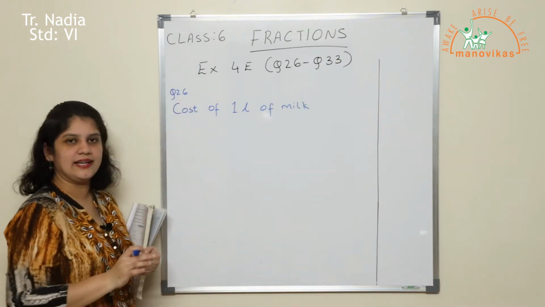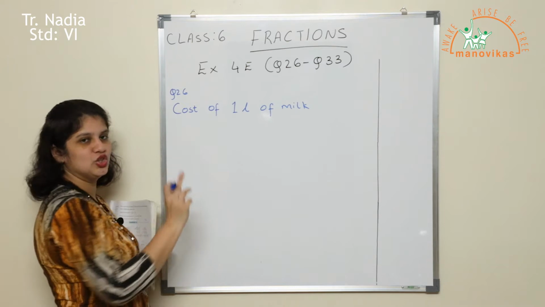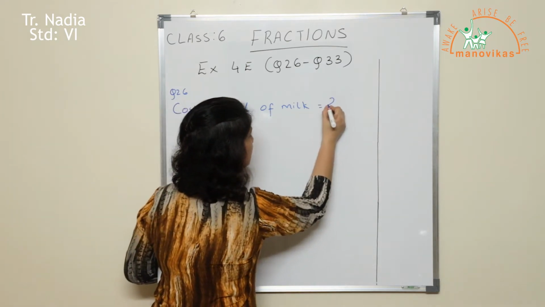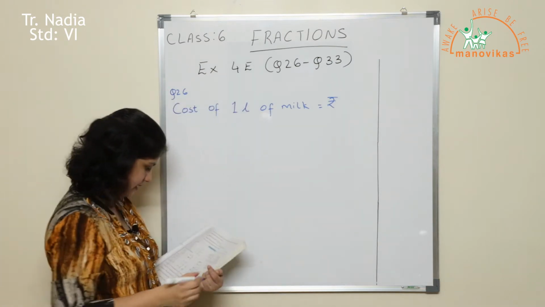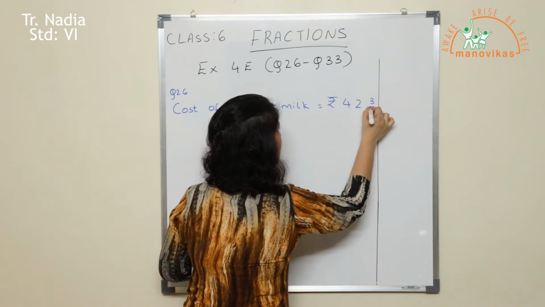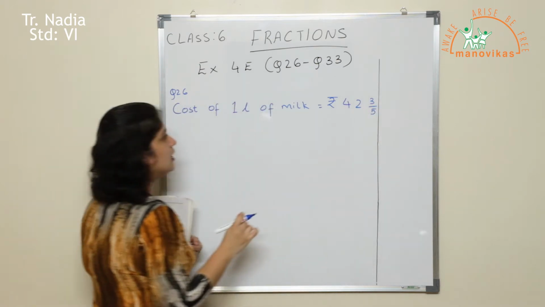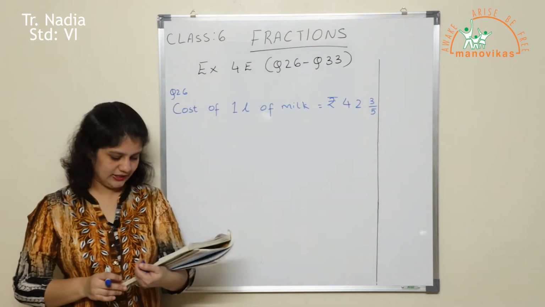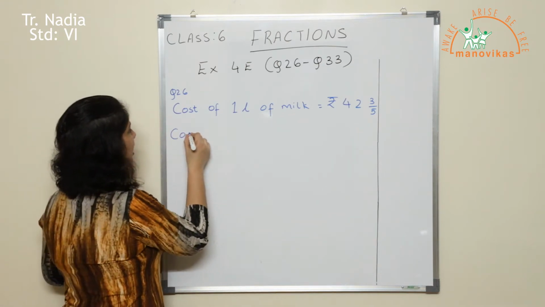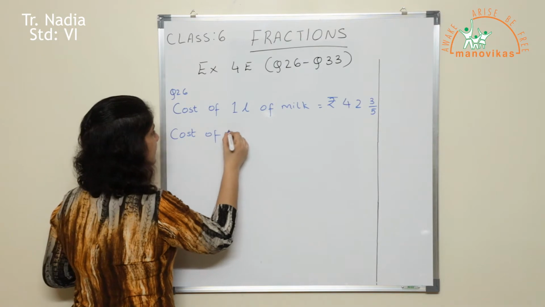Remember children, when you are writing the statements, please put the units wherever required. So cost of 1 liter of milk is rupees, put the rupees symbol, 42 3 upon 5. We have to find the cost of 12.5 liter of milk.